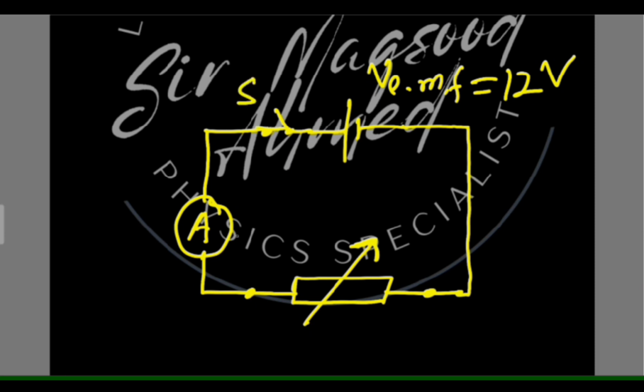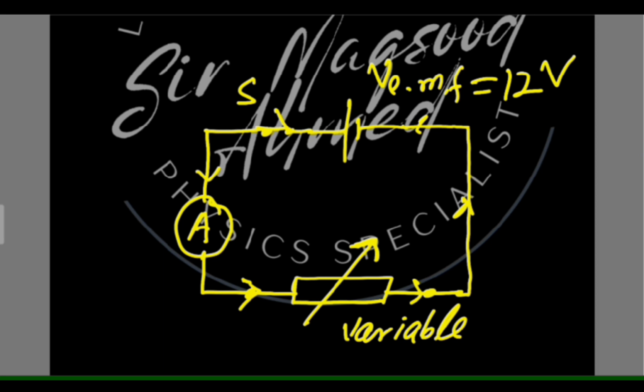When we close the switch, the current will start flowing in the circuit. In the diagram, we have connected a variable resistor. A variable resistor is that resistor whose resistance can be changed. So, by varying the resistance of a variable resistor, the resistance in the circuit can be changed or varied.